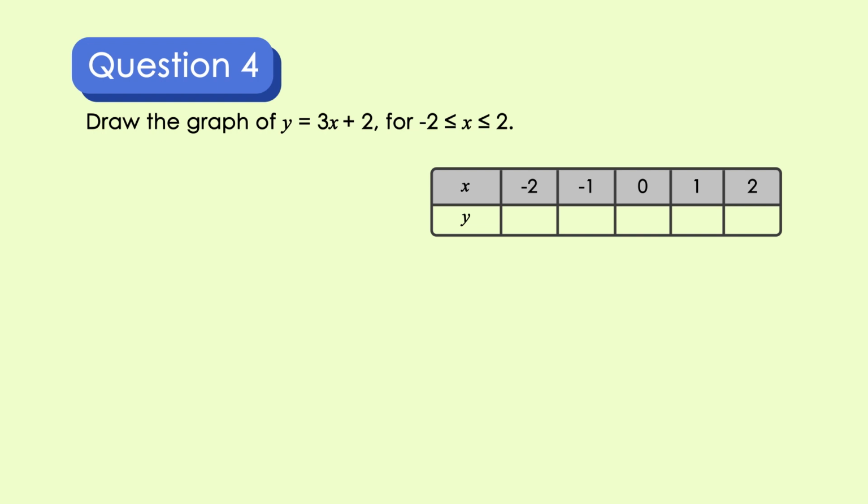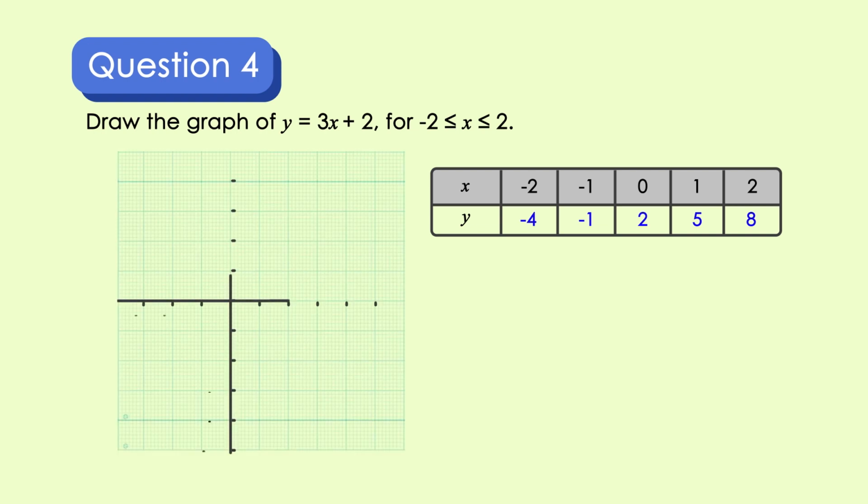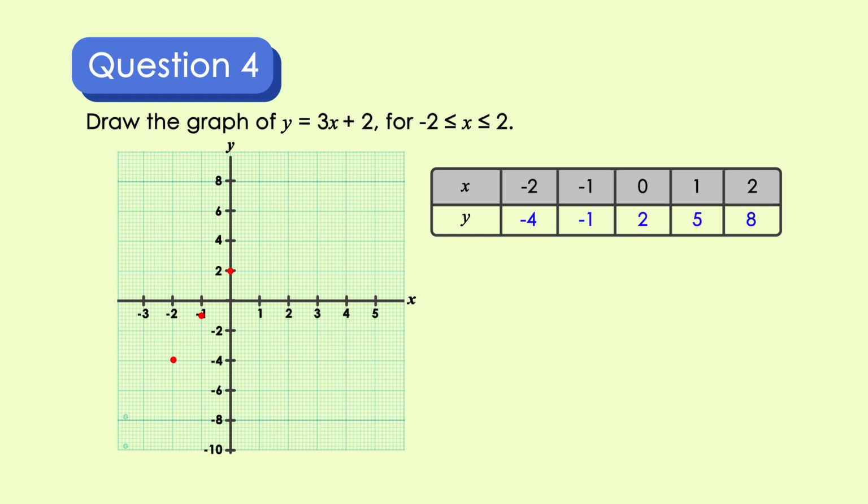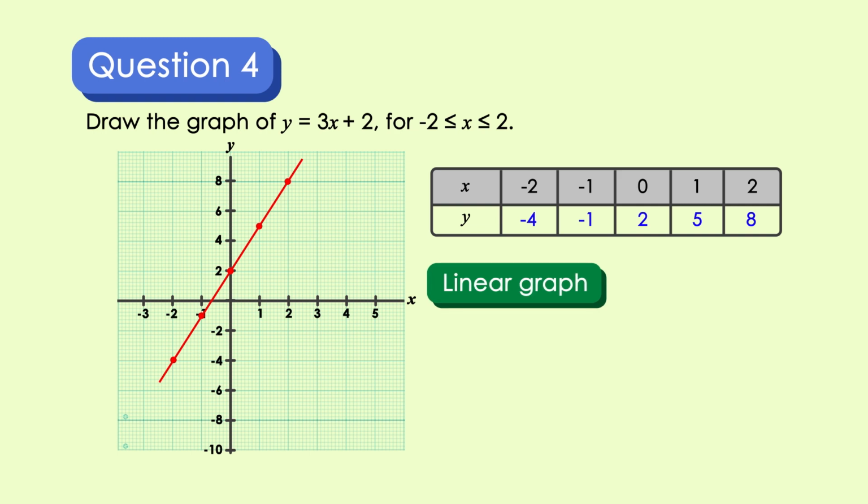With calculations, we will get the values of y corresponding to the given values of x. By using the table of values, we will plot the points on a Cartesian plane, and then we connect the points to form a straight line. This is called a linear graph. Let us look at another question.